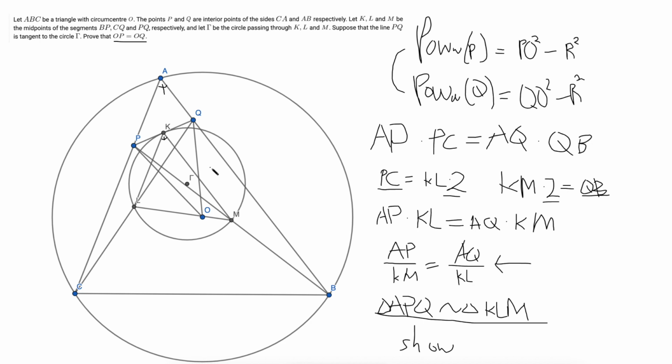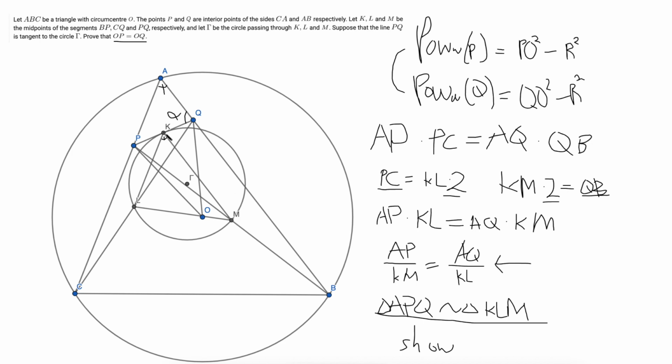So we've found one pair of angles that are congruent to each other. Now we have to show that AQP is equal to KLM. So angle AQP, let's just name this alpha, and let's try to angle chase our way over to angle KLM.